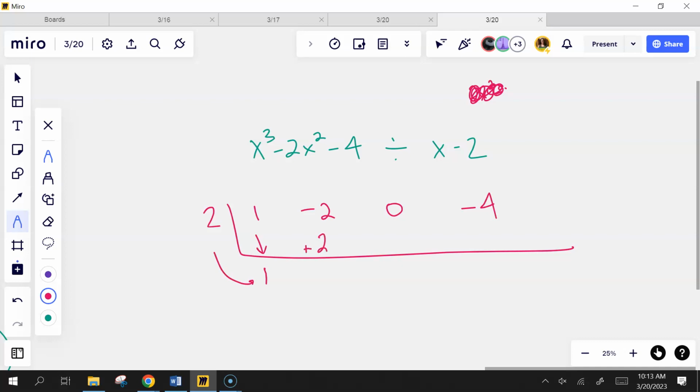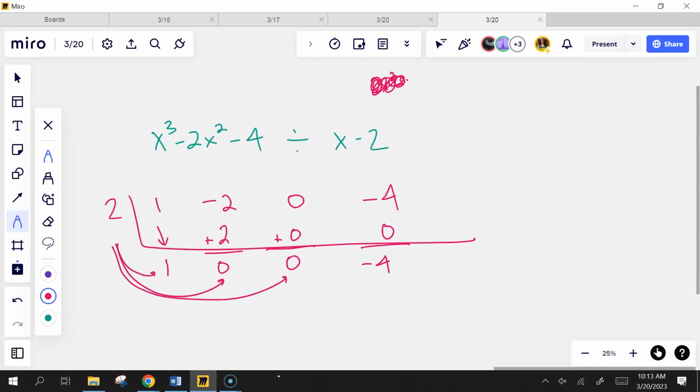It goes up here, and we add. What do you get? 0. Multiply around, what do you get? Multiply around, what do you get? Interpret your answer.